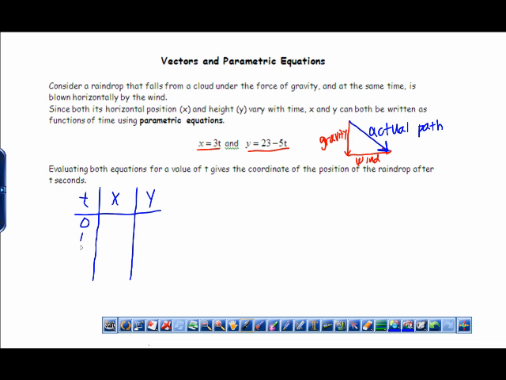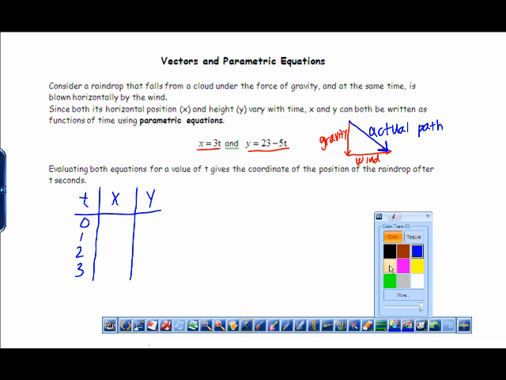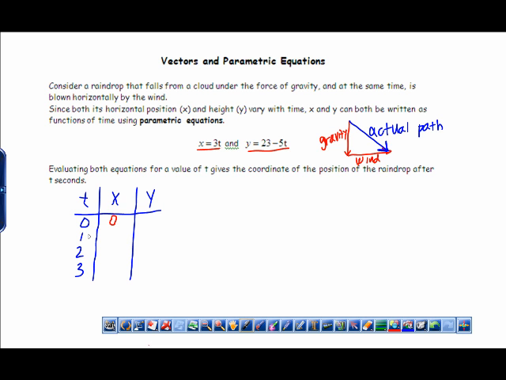I could set up many numbers, but I'm going to set up these. Just basic 0, 1, 2, 3, and then I'm going to use the equation to find my x variable. So when t is 0, x is going to be 0. When t is 1, 1 times 3 is 3. Then we've got 2 times 3 is 6, 9.